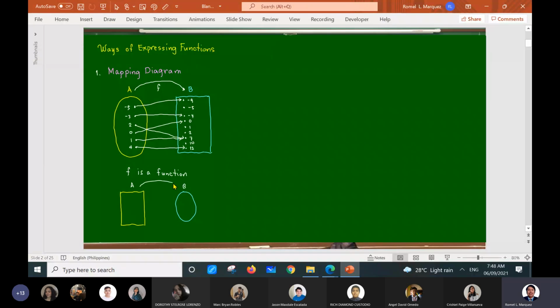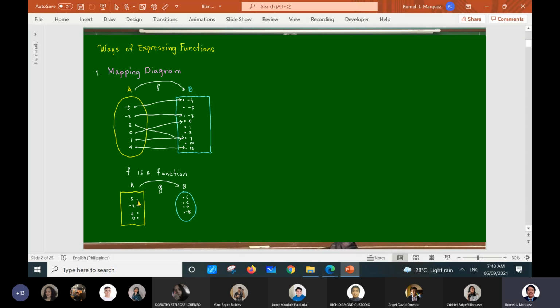Let's say G is the name of my function. Not all the time F is the name. G is going to send every element here, every element. So let's say 5, -2, 4, 0. And I have 1, 2, 3, 4 also, no? And let's say 6, 2, 0, -8.